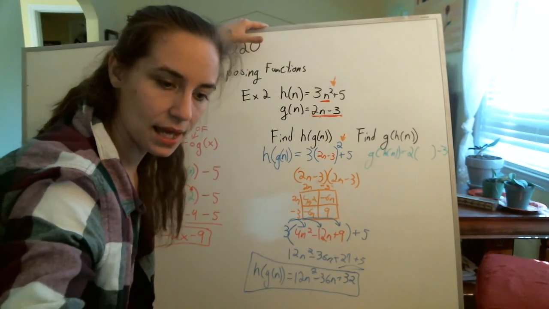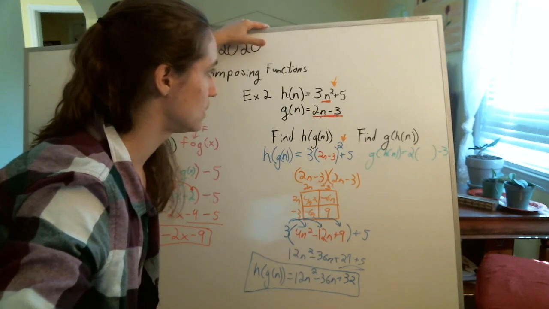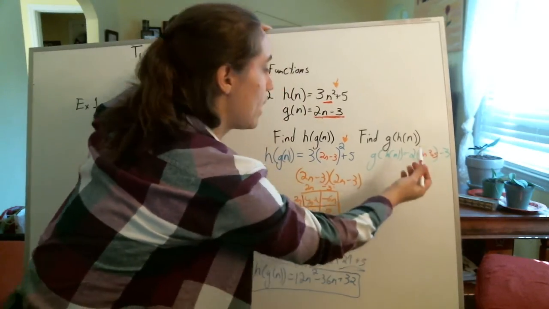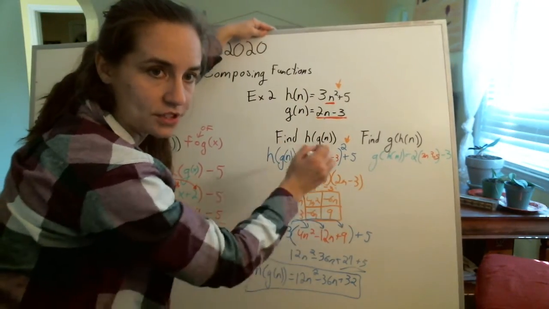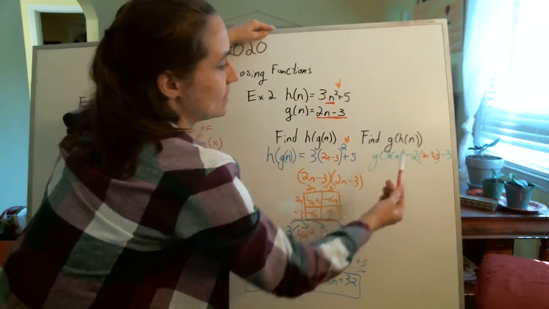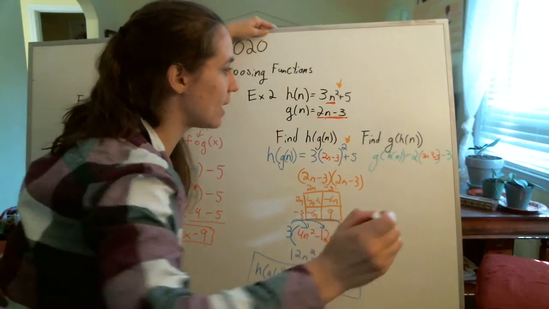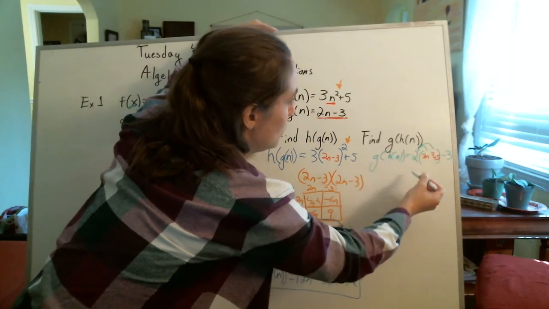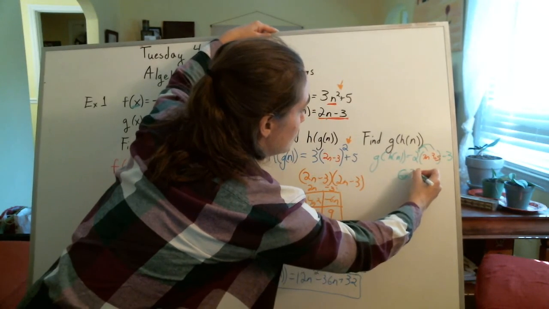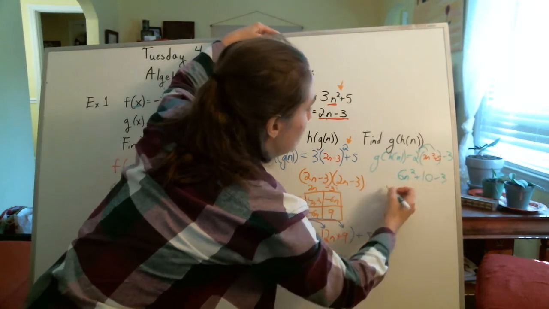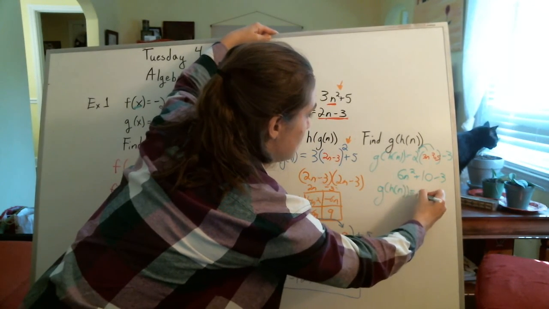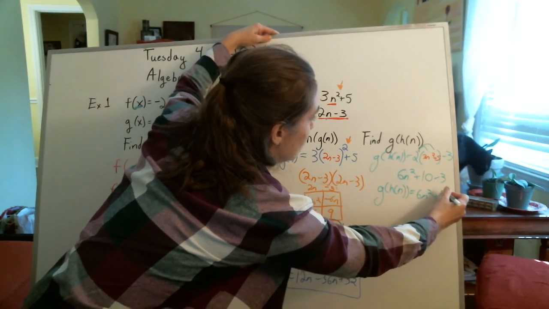And in that blank, I will put 3n squared plus 5. Now the squared is not going to cause the same difficulty because the squared is inside the parentheses. See how it's outside here, inside here? So if it's inside, all we have to do is distribute and get 2 times 3, which is 6n squared plus 10 minus 3. So g of h of n is 6n squared plus 7.